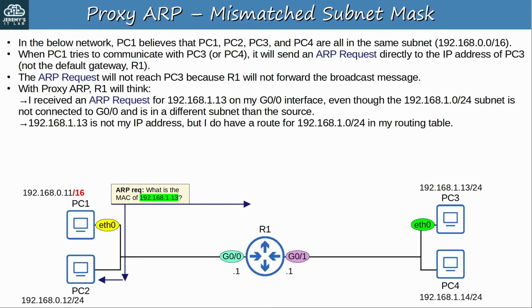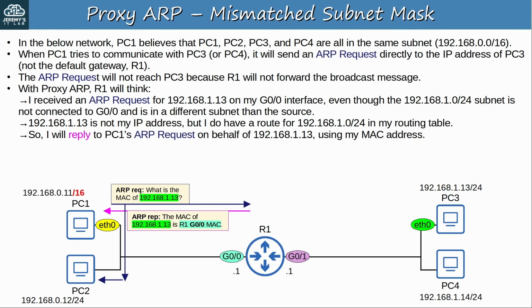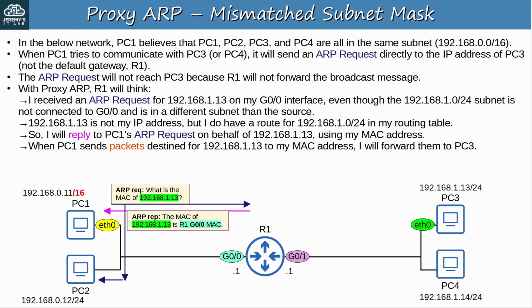It will then think, 192.168.1.13 is not my IP address, but I do have a route for its network in my routing table. So, I will reply to PC1's ARP request on behalf of 192.168.1.13 using my MAC address. So, when PC1 sends packets destined for 192.168.1.13 to my MAC address, I will forward them to PC3.